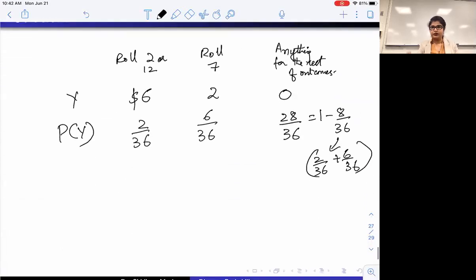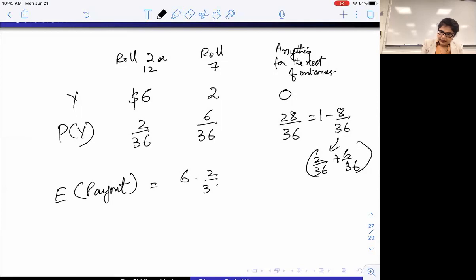We will find the profit once we know the expected payout. So the expected payout will be $6 they are paying on rolling 2 or 12, whose probability is 2 by 36, plus $2 they are paying for rolling 7, whose probability is 6 by 36, plus nothing they are going to pay for the rest of the outcomes, which is 28 by 36.